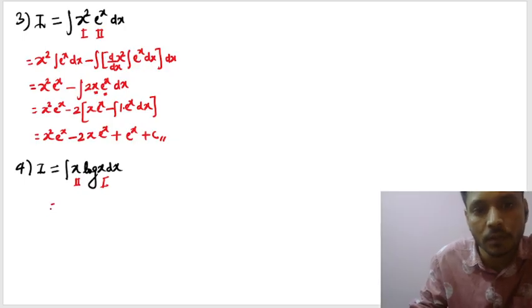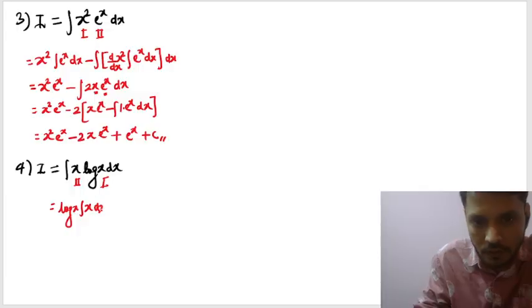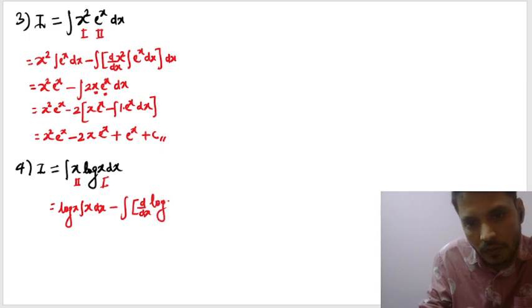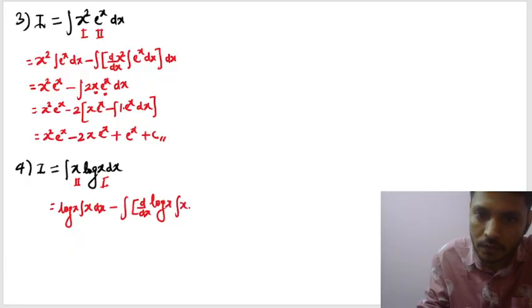So first function will be outside, log x, and integration of second function, that is x into dx, minus inside integration d/dx of first function, that is log x, and then again integration of x into dx, bracket close, into dx.